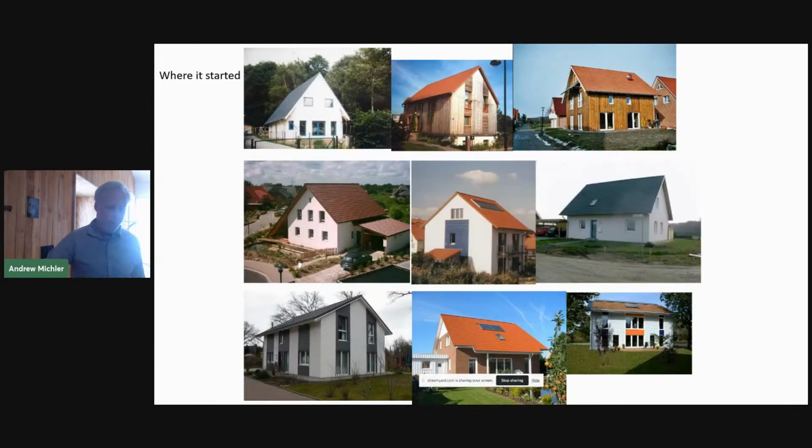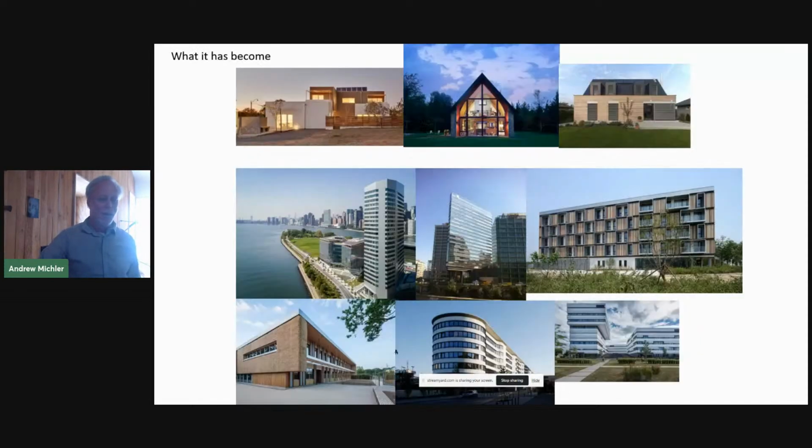When it started, everybody thought a passive house looked like this, probably because it was actually building code where it was developed. In Germany and Austria, you had to have a building that looked like this. That vernacular actually worked really well for passive house. But this is not what passive houses look like in most places. They look like this.